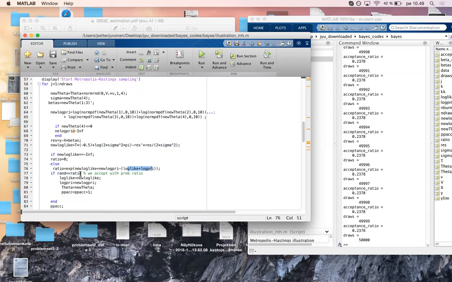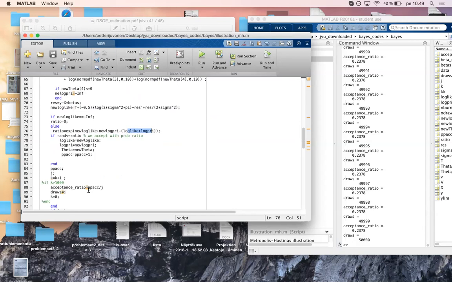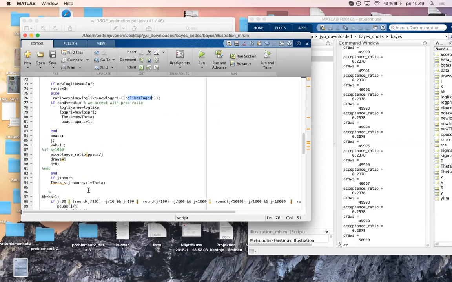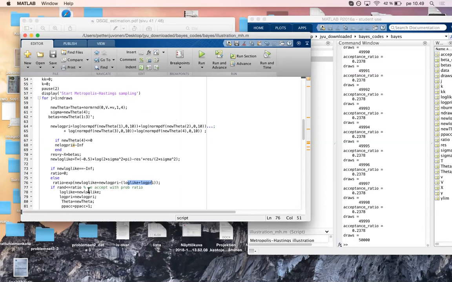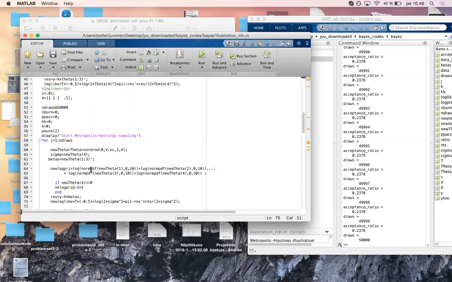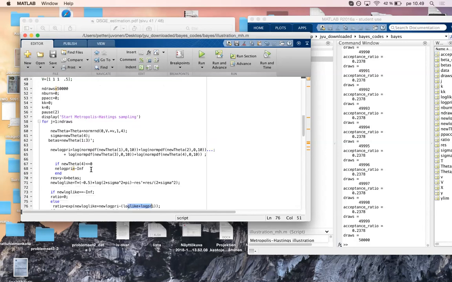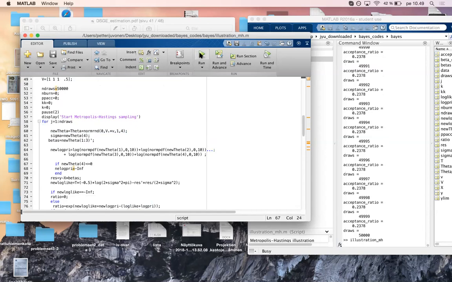And then we accept or reject it, like explained in the lecture notes. So we obtain the starting values with OLS estimates, but then we start the simulation just by drawing parameter vectors randomly and then accepting or rejecting some of them. Let's see how this works in practice.